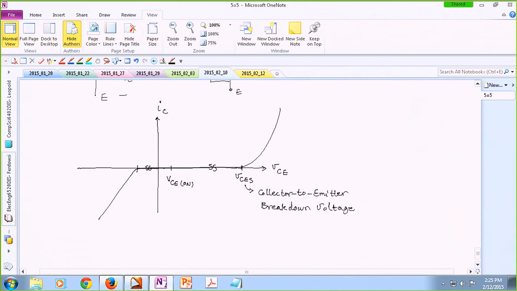Okay. So this is called the E to C breakdown voltage, or reverse breakdown voltage.